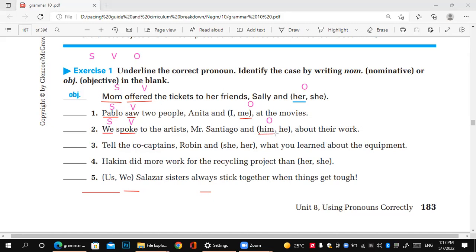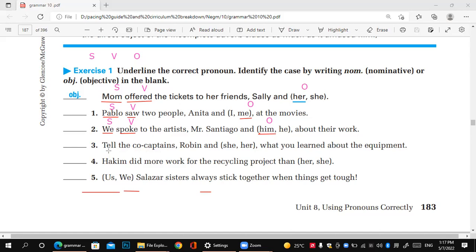Number three: tell the co-captains. Now it starts with the verb, and everything after the verb is an object. Here he's talking to one person, you.